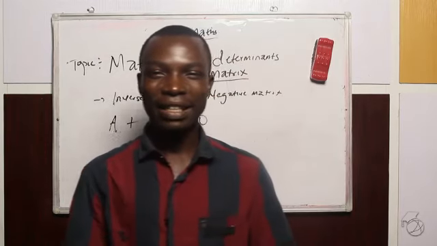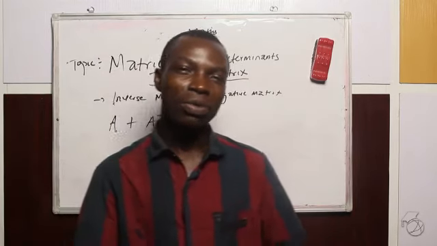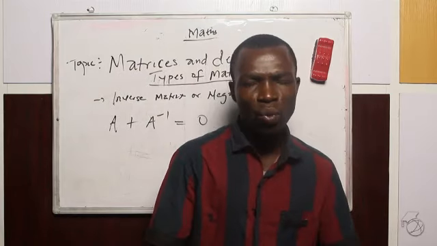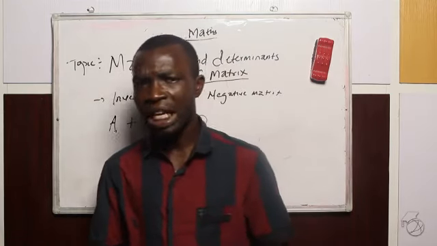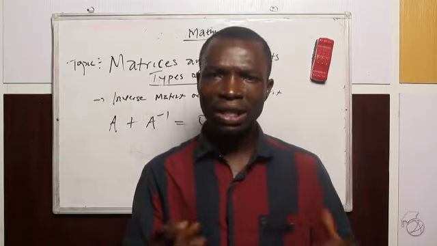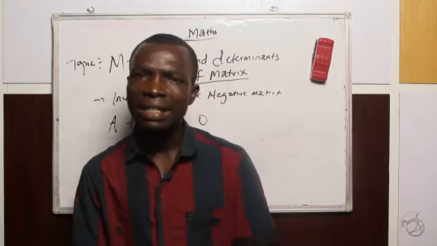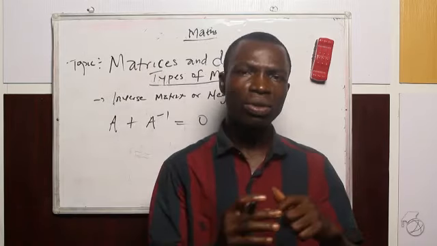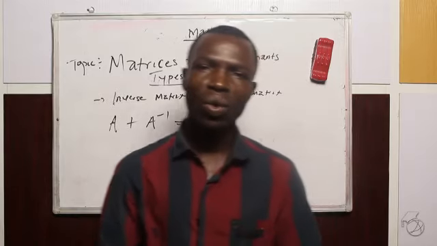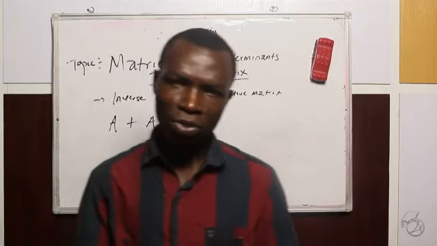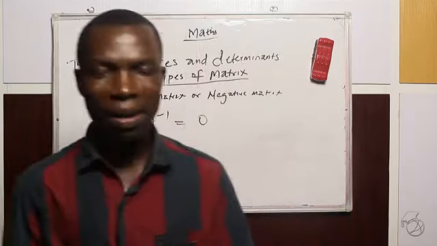I'm confident that any question you see, you'll be able to explain well. But we have to move further to a subtopic under this matrix, called addition and subtraction of matrix.